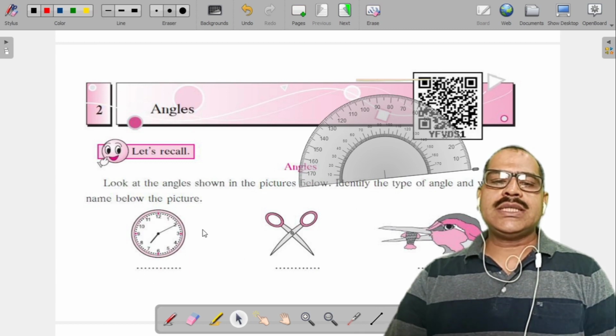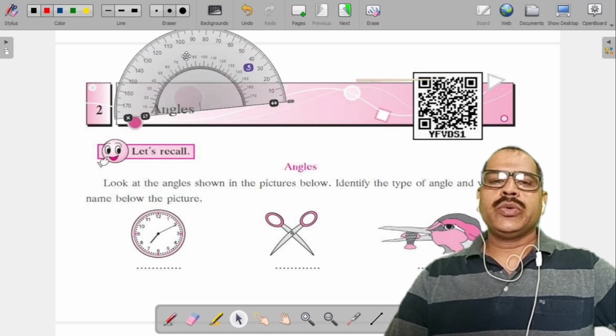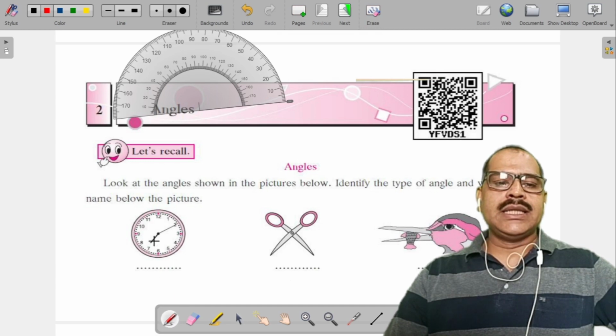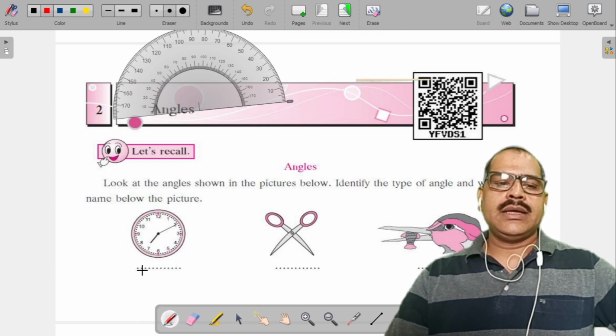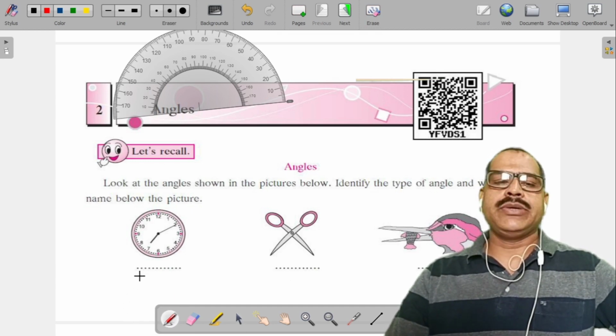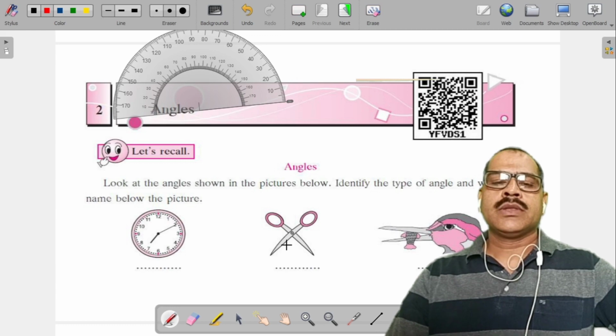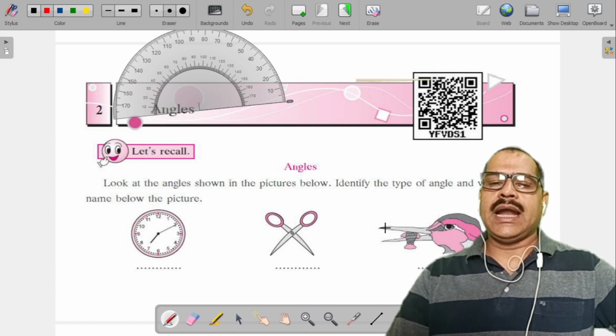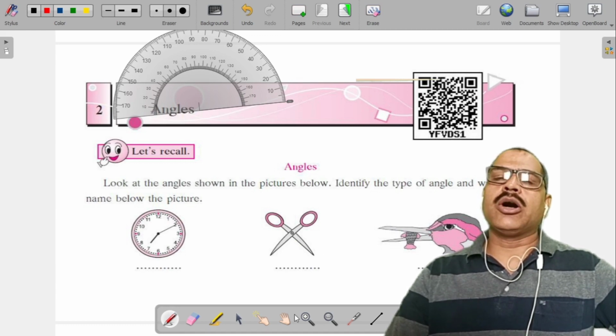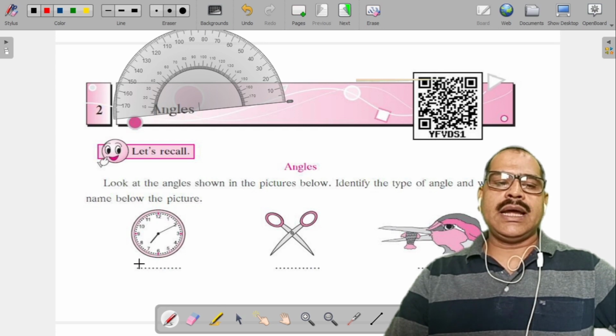So what is the activity to do? You can write the name of each type of angle here and complete your activity. With the help of the protractor, you can also measure the angle between the hands of the clock, the edges of the scissors, and the beak of the bird. Here I write that this type is the obtuse angle.